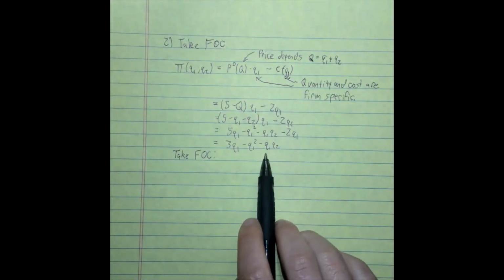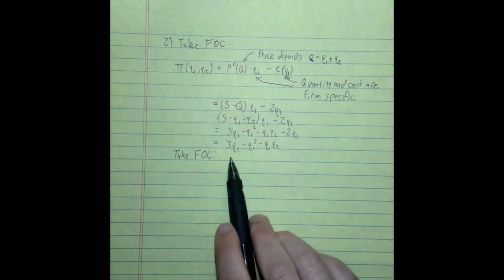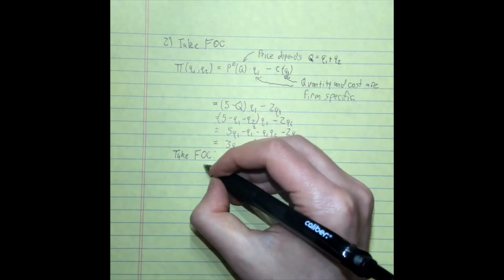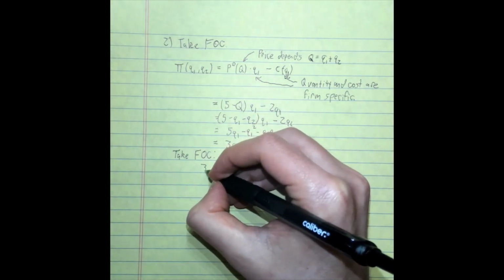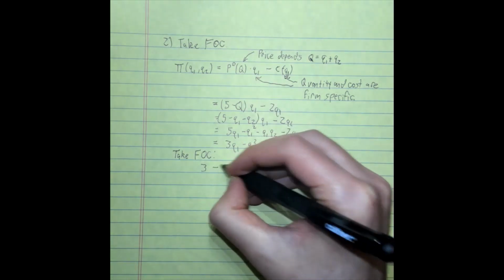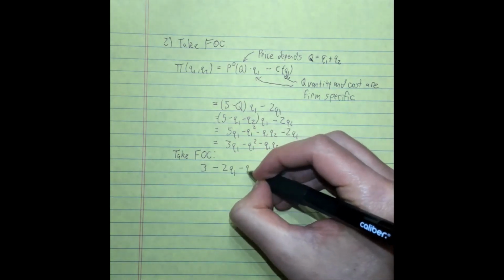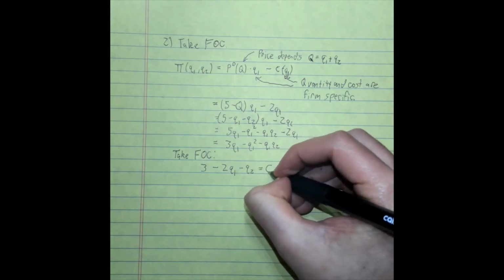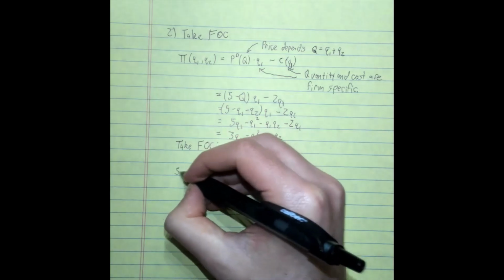All right, so we want to find the point where the derivative of the profit function is equal to 0. So we take the derivative with respect to Q1, and that's going to be 3 minus 2Q1 minus Q2, and set it equal to 0, and then solve for Q1.